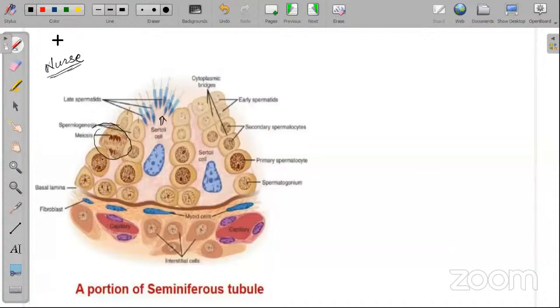Okay, let's start the process of spermatogenesis. If you have any doubt up to this point, please mention it in the comments.